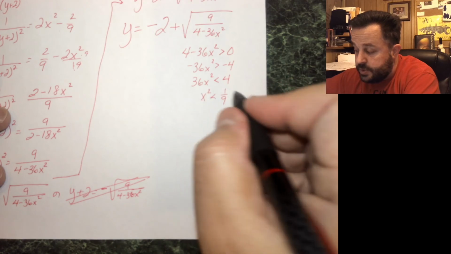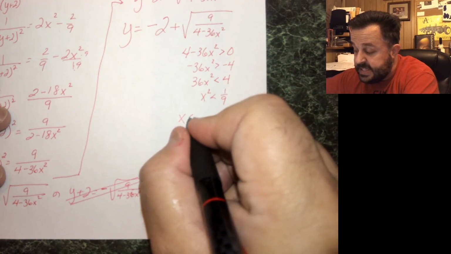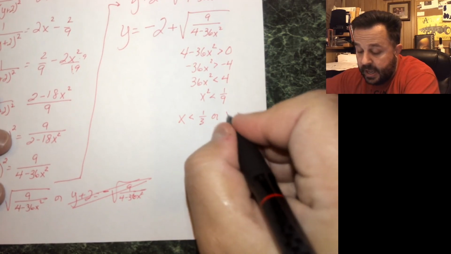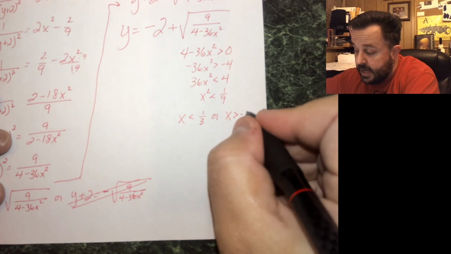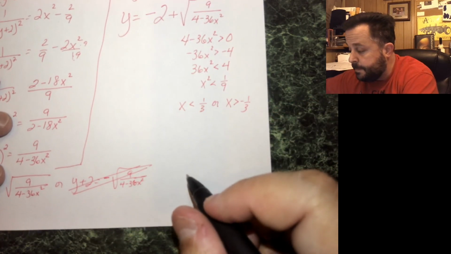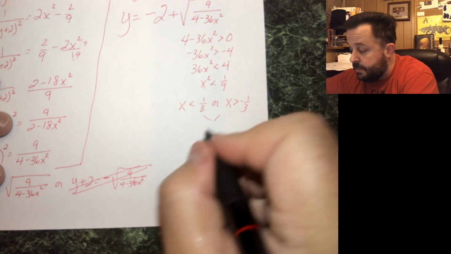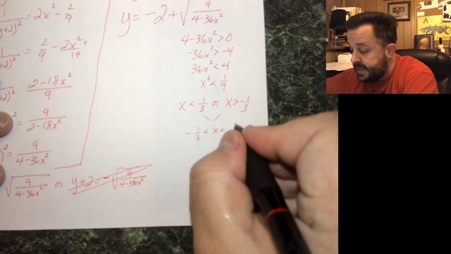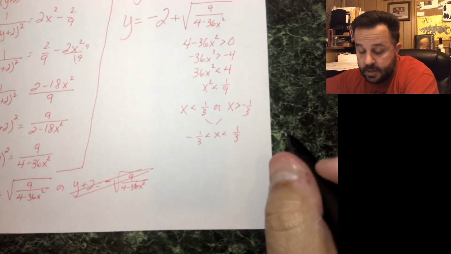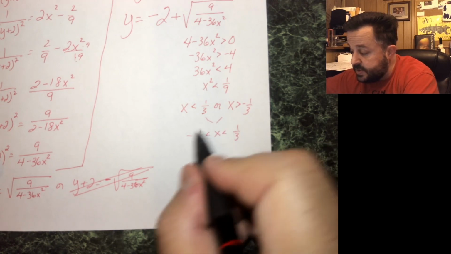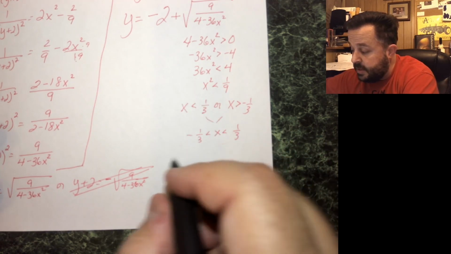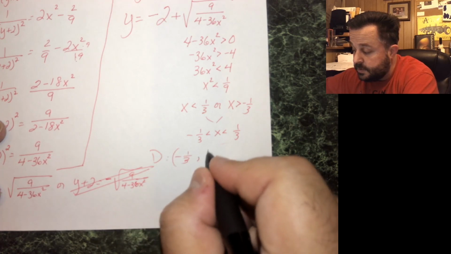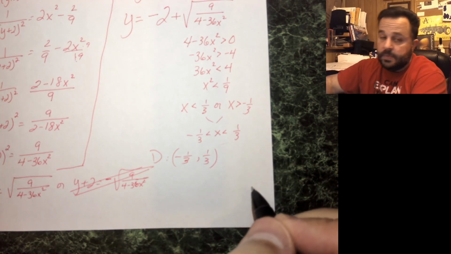So when we do the square root of both sides here, I get that x is less than 1/3, or x is greater than negative 1/3. So if we merge those, we get negative 1/3 is less than x is less than 1/3. And since that is a continuous domain here, that domain is sufficient for our function here. And that's 27.